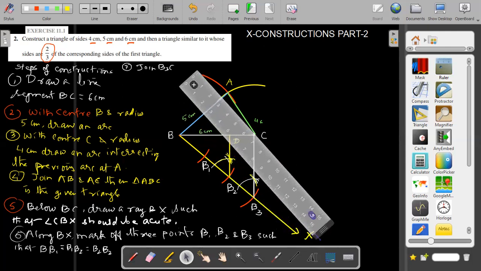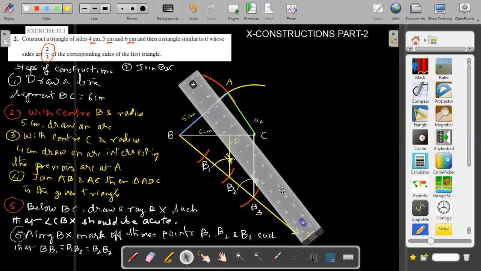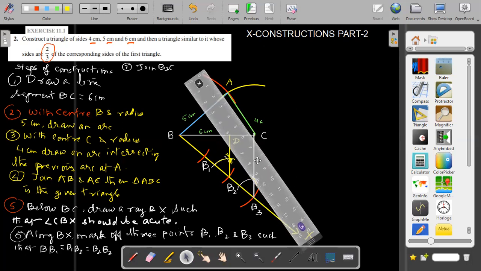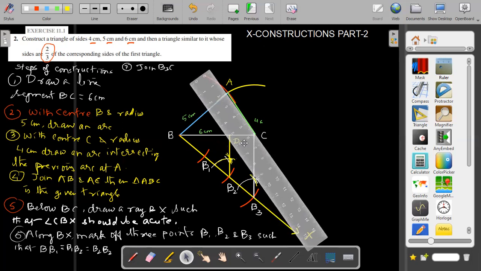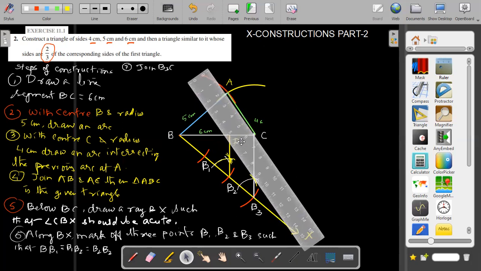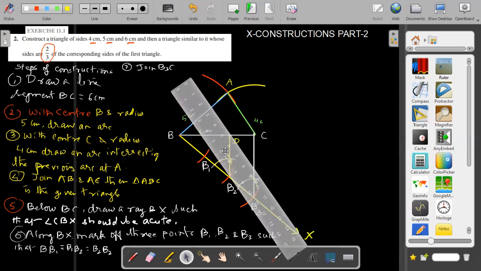So what I used to do is like this. I need the parallel line to this one. So I will make exactly a parallel scale. Okay. Now it is parallel. So when I move this parallel scale, this will give the parallel line to this. So that's why I can do it here.